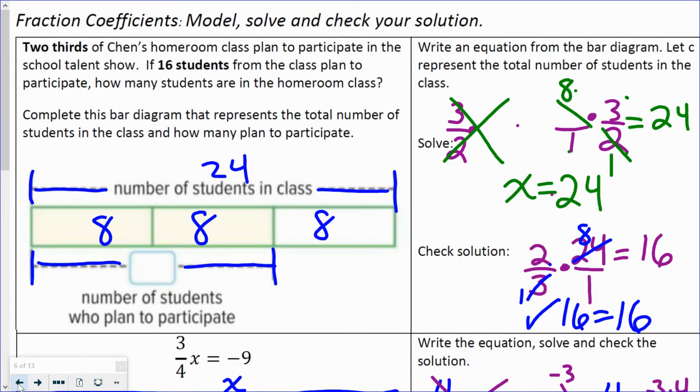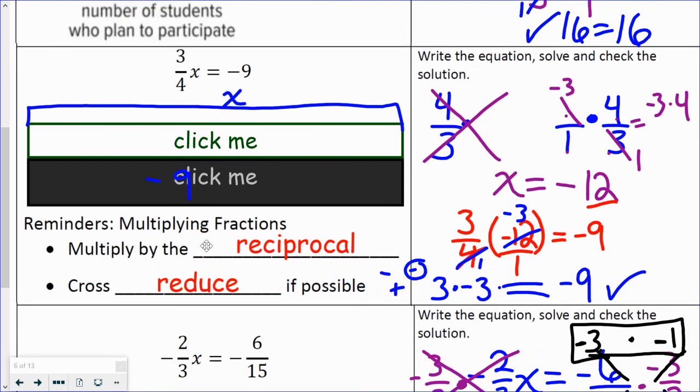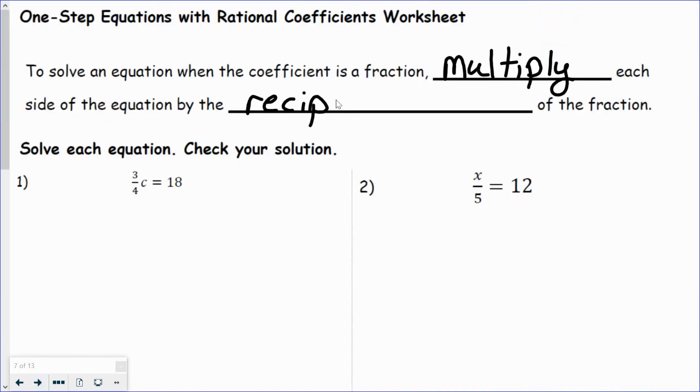I always have to look back and see how it's spelled. All right, by the reciprocal. Remember, that means you're taking your fraction and flipping it over.